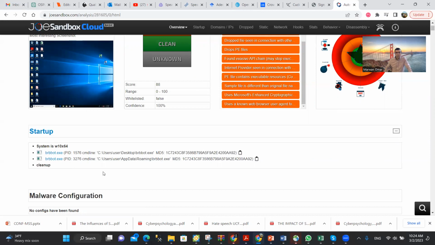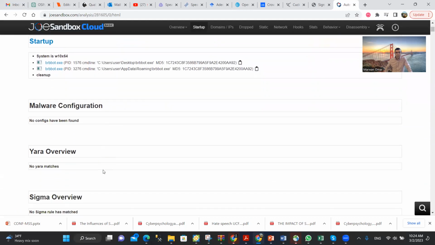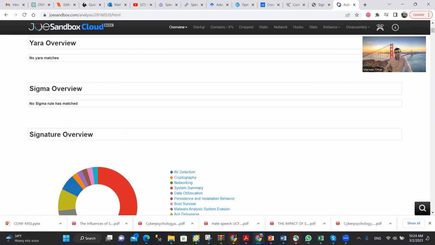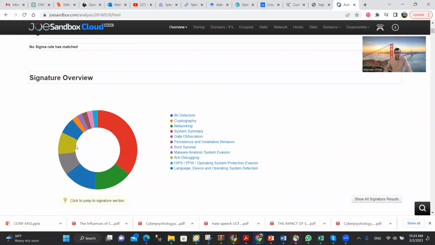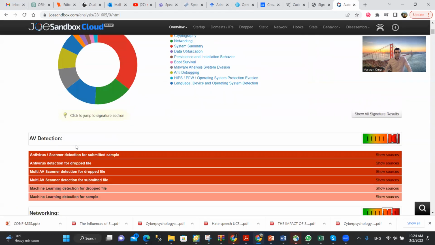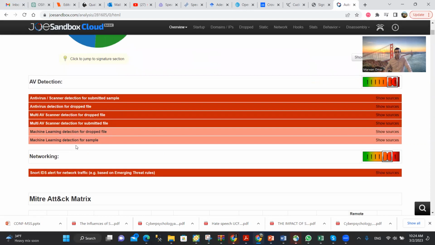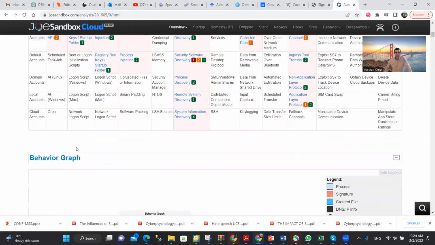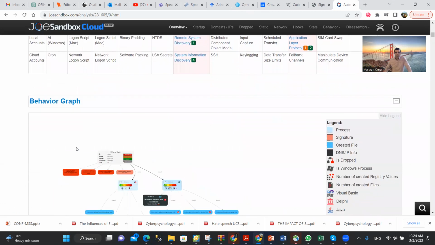It goes to the desktop, and here's the configuration information, the Yara information, which is a tool that we can use. And if we scroll down, we can see how antivirus engines try to detect this. Then we have the MITRE ATT&CK matrix. We have the behavioral graph.